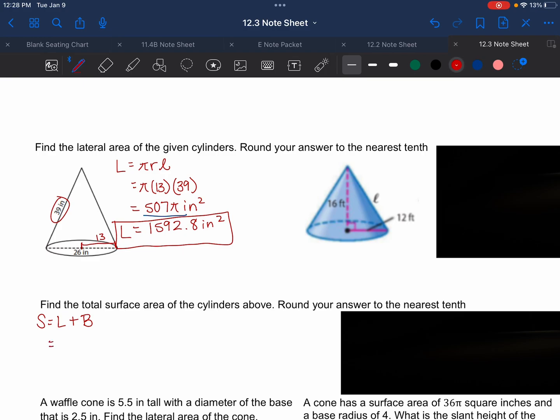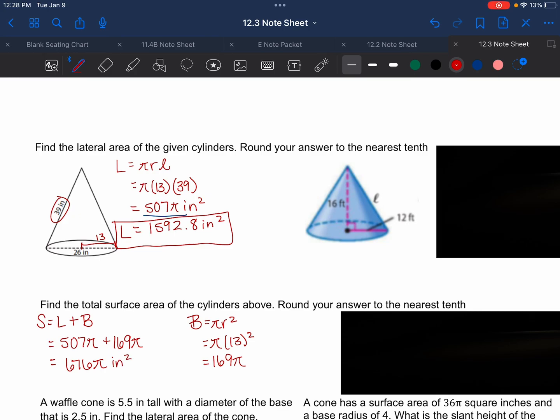So I'm going to do for my lateral area 507 pi plus, and now I need to find my base. So my base is a circle, so it's pi r squared. The radius was 13. 13 squared is 169, so the base is 169 pi. And I will save that rounding for later as well. So if I do 507 plus 169, in terms of pi, my surface area is 676 pi inches squared.